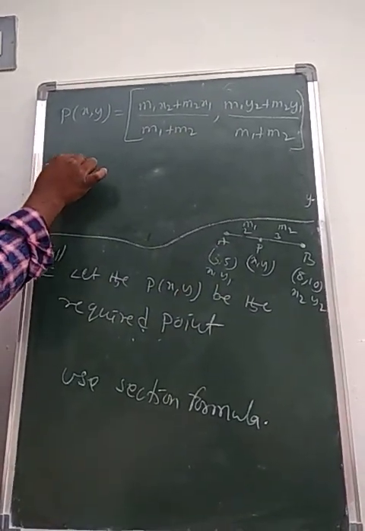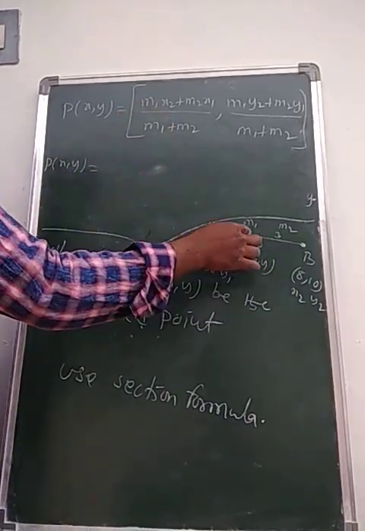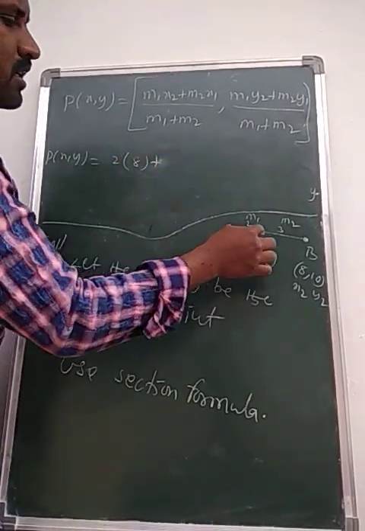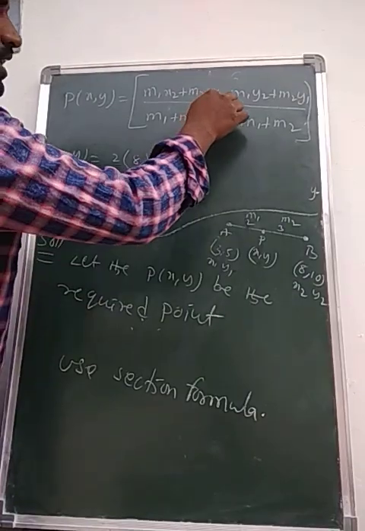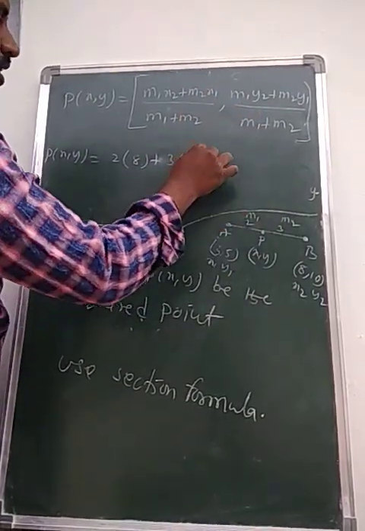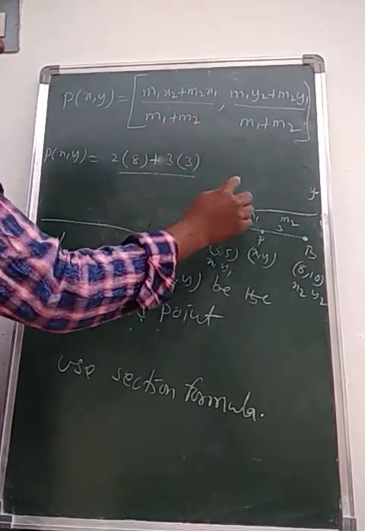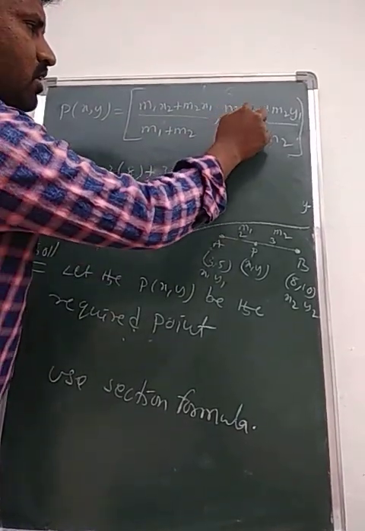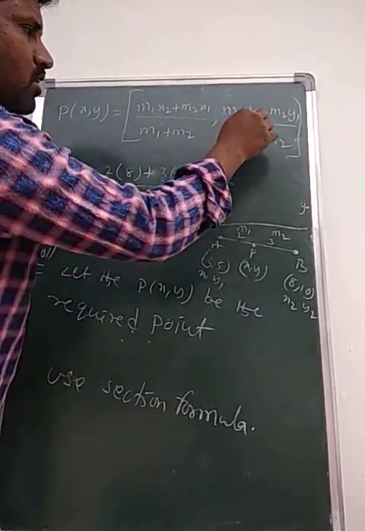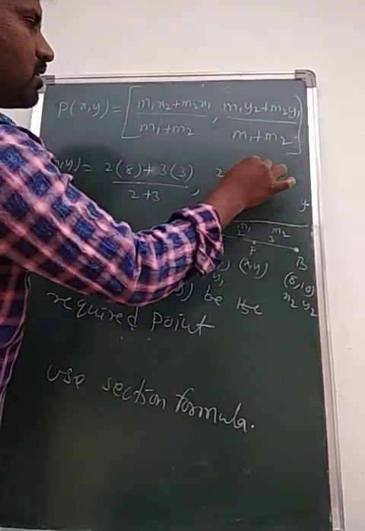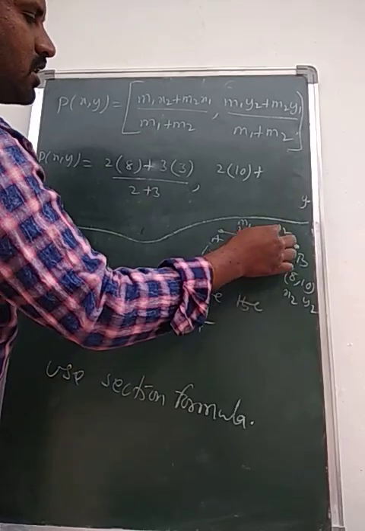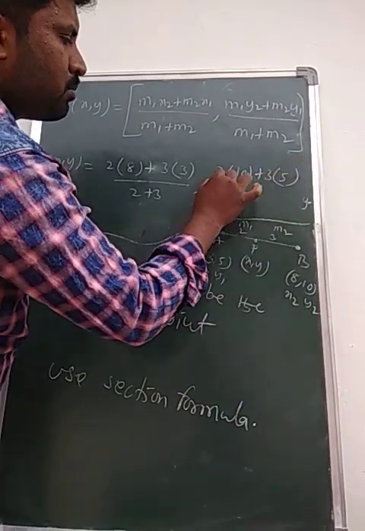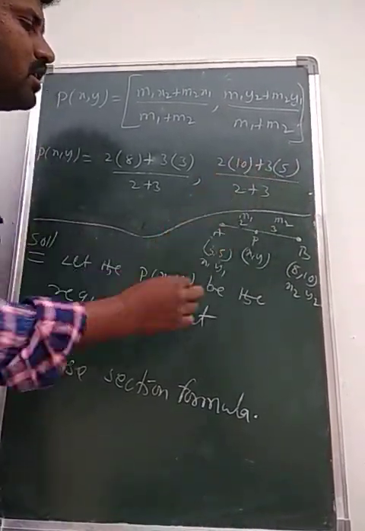P(x, y) is equal to m1, that is 2, of x2, the value is 8, plus m2, that is 3, x1, that is 3, by m1 plus m2, that is 2 plus 3, comma, next here also m1, the value is 2, of y2, that is 10, plus m2, the value is 3, of y1, that is 5, by m1 plus m2, that is 2 plus 3.